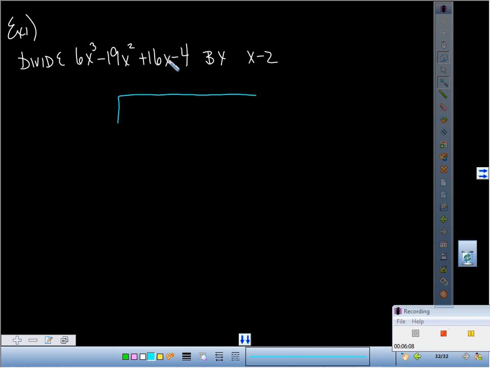If you're going to divide this one by that, then you have to put the first one in the house. He has to be your dividend. Otherwise, you would be dividing it the other way. All right, so this is 6x to the third. I do make sure that every exponent is represented. If there is one that's missing, I'll put a 0 in there because most of the time it works out nicer for me that way.